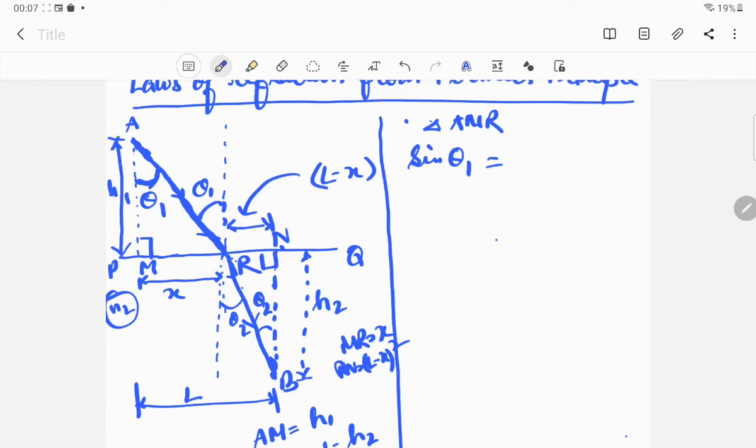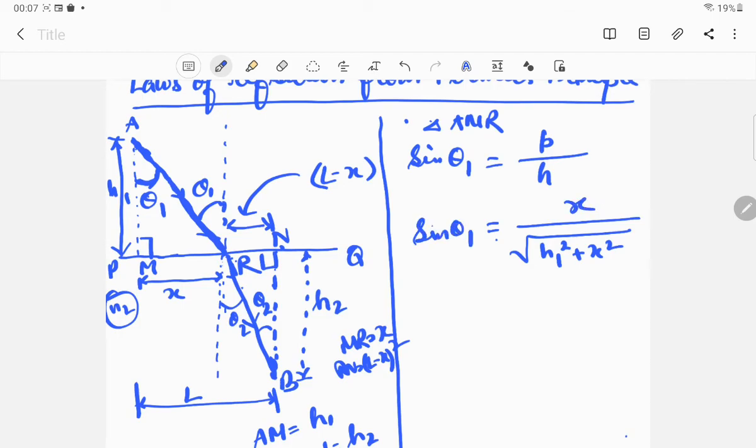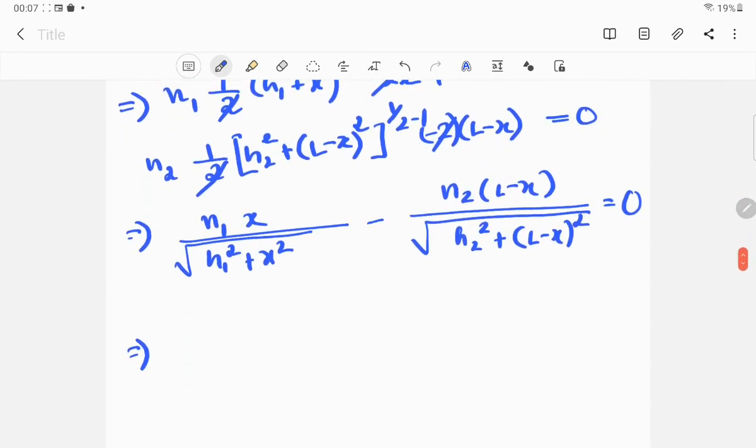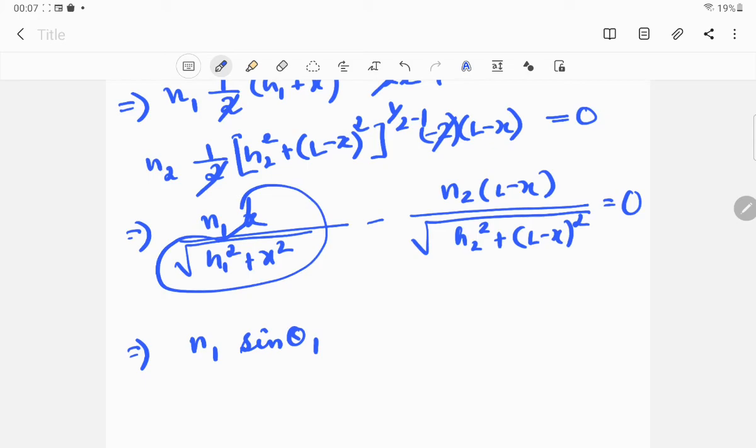Sine theta is nothing but perpendicular by hypotenuse, isn't it? So the hypotenuse is root over H1 square plus X square, and the perpendicular is X, so X by root over H1 square plus X square is nothing but sine theta 1.